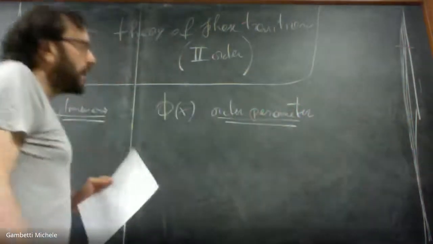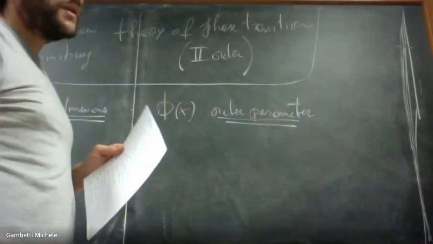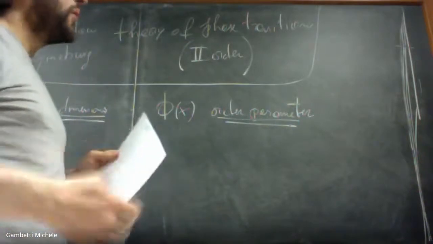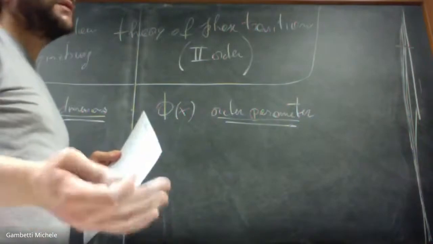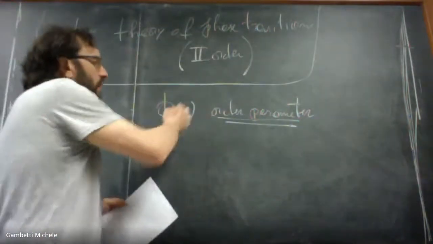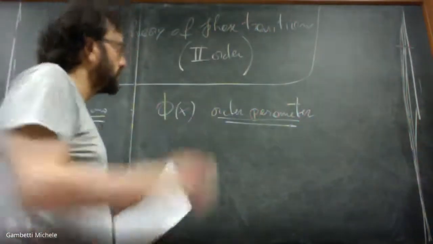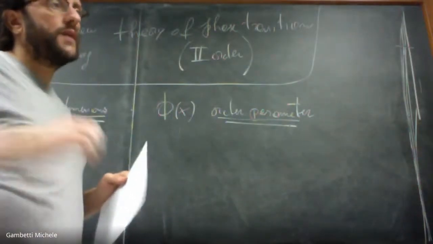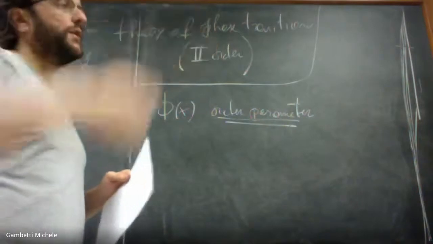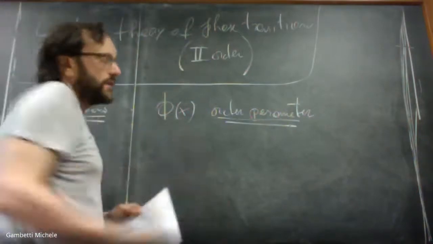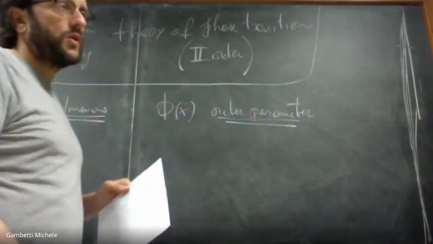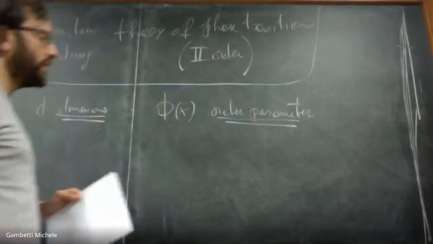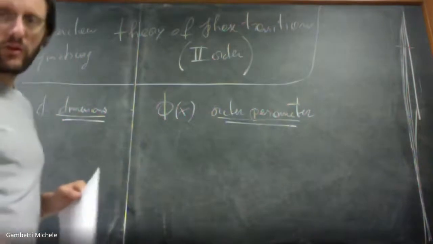This is a quantity that tells you whether you are above or below the critical point, depending on whether it has a value equal to 0. In that case, you are above the critical point. If this quantity has a finite value different from 0, then you are below the critical point, and you have this second order phase transition.